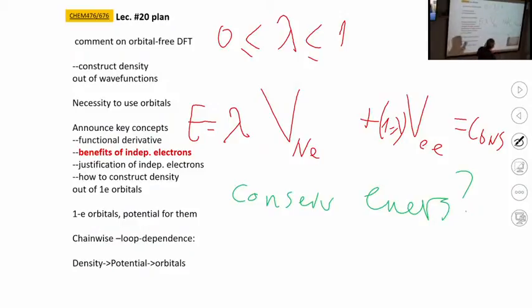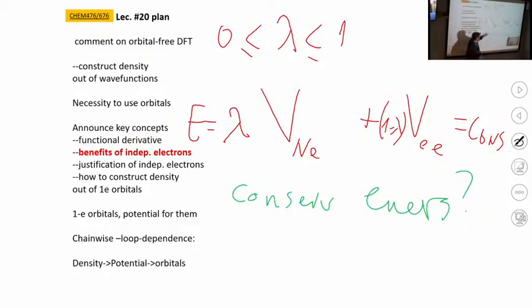We can change relative contributions of electron to nuclear and electron-electron energies in such a way that the total energy will stay constant. Mathematically it's possible, right? So we will modify these factors in front in such a way that the total energy will stay constant and we do not violate any theorems.